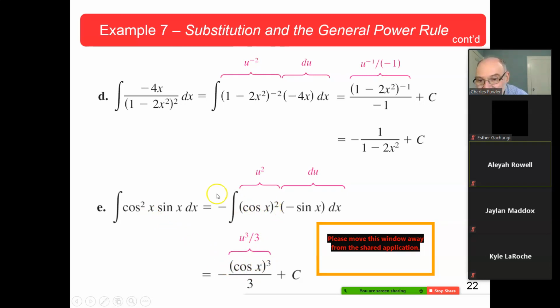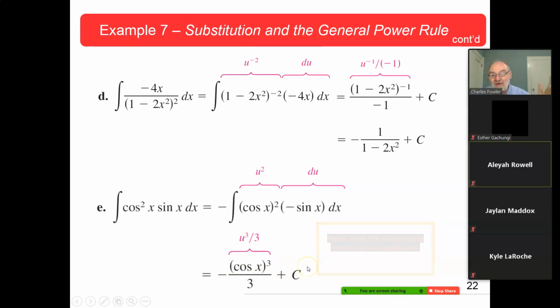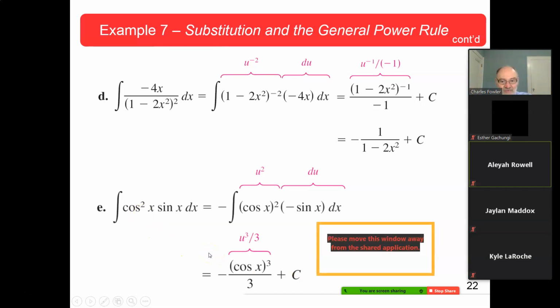I didn't notice that. Or you could have written this minus, don't put parentheses, cosine cubed x over 3 plus c. That's how I would have written it. They changed it back. But since the original problem was like this, I see no reason to change it back here. Let's see if they do change it again. No, they don't. All right.